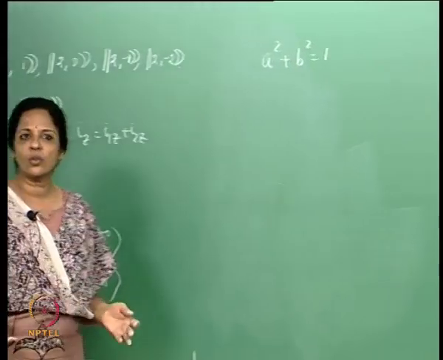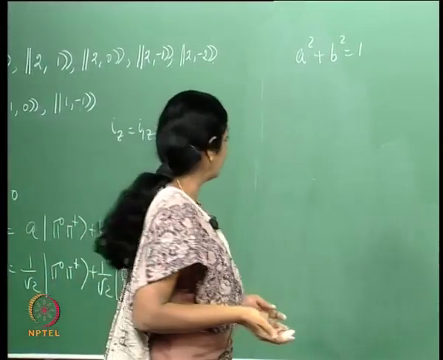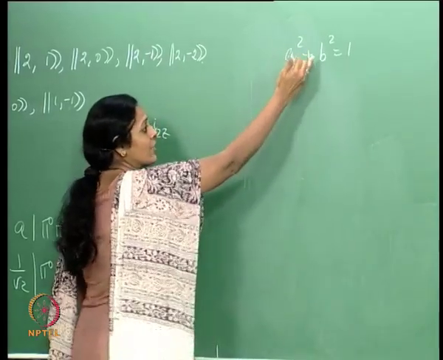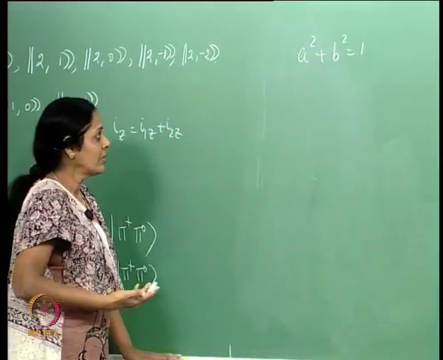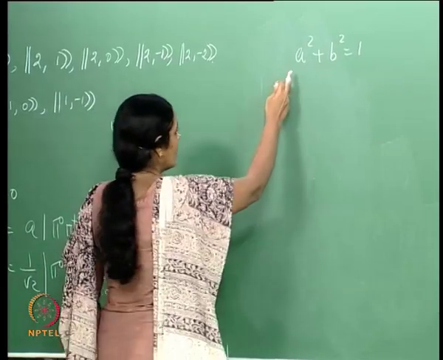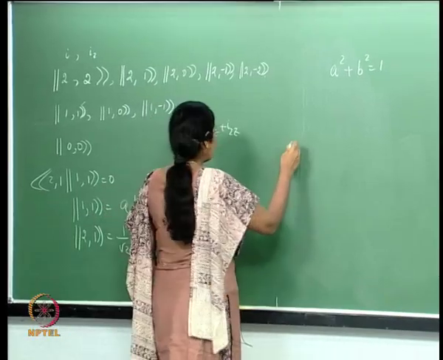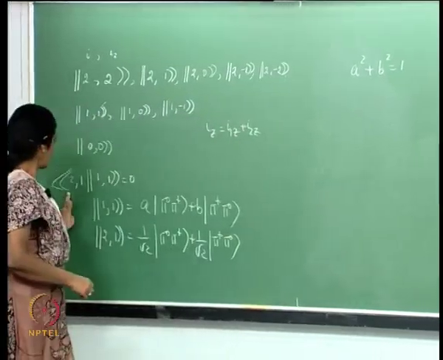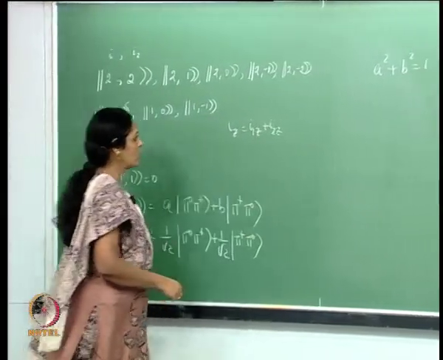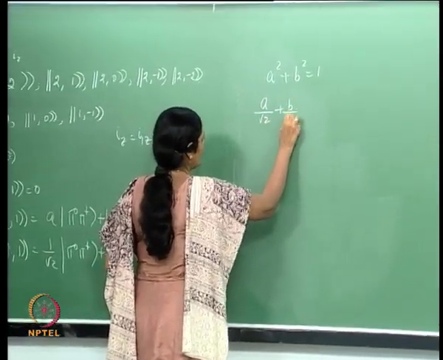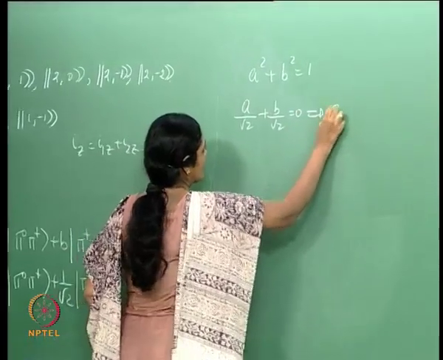We take the CG coefficients to be real without loss of generality. They will come with a phase otherwise, and we would write mod a squared plus mod b squared equals 1. Now taking the CG coefficients to be real, and from the fact that 2 comma 1 is orthogonal to 1 comma 1, I have a by root 2 plus b by root 2 equals 0, which implies that a is minus b.